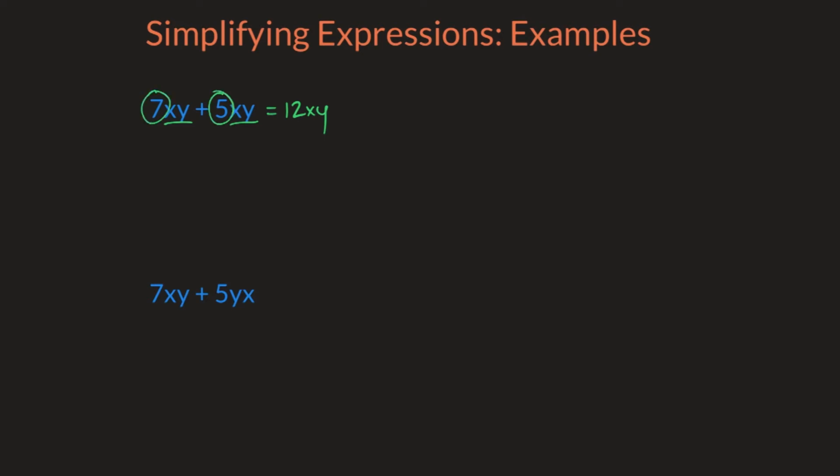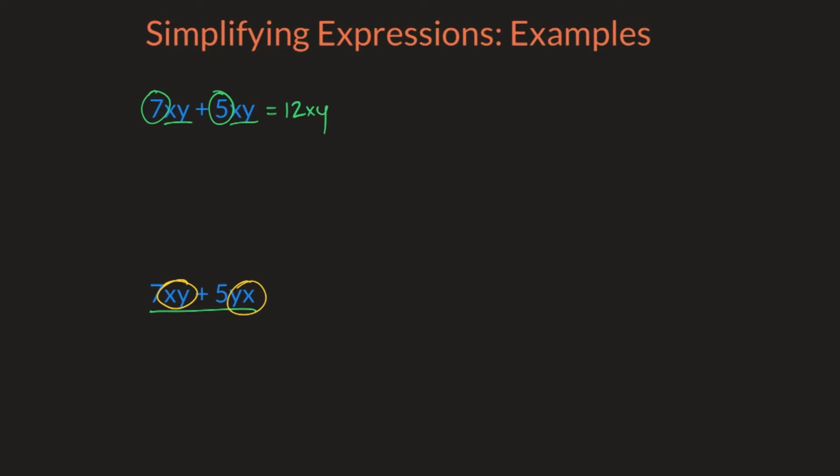Now look at this expression for a moment. 7xy plus 5yx. There is a subtle difference compared to our previous examples. The variables are in a different order in each term. If you think back to our discussion on number properties, you'll recall that there's a property that says we can shift the order of multiplied numbers without changing the value.